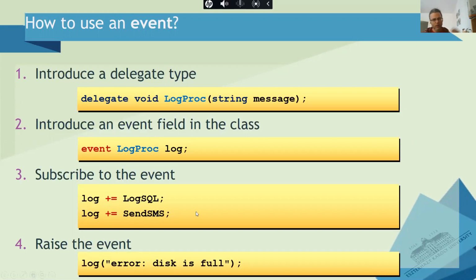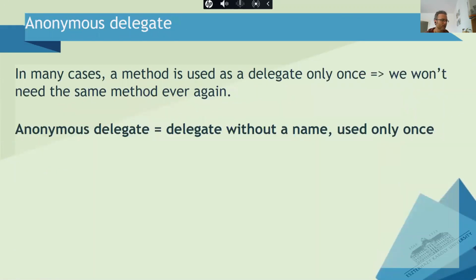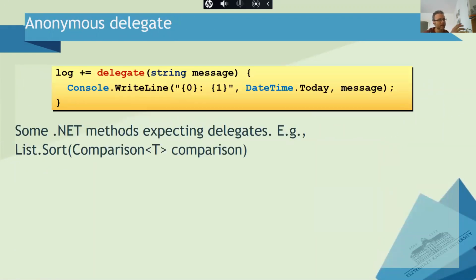So this is the basic way to subscribe a method with a name to an event. But if I use those methods only once, only from here, I can also use an anonymous delegate, which means that basically I just put the method exactly where I use it.